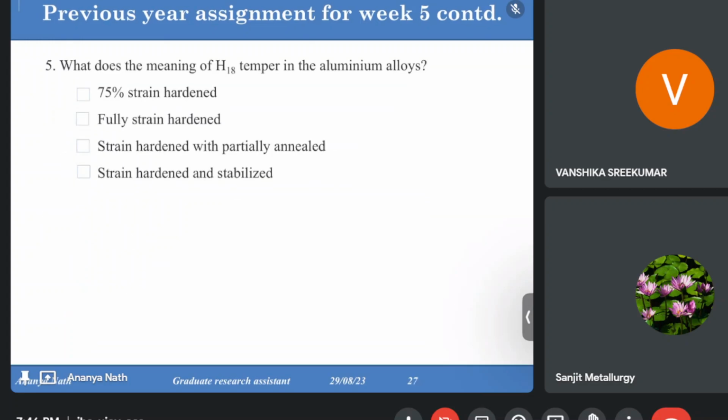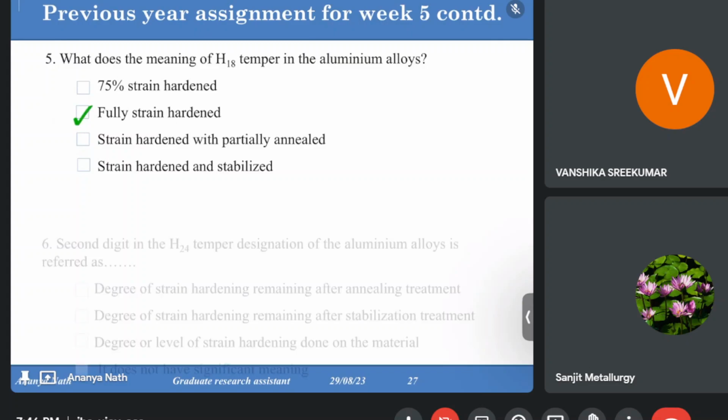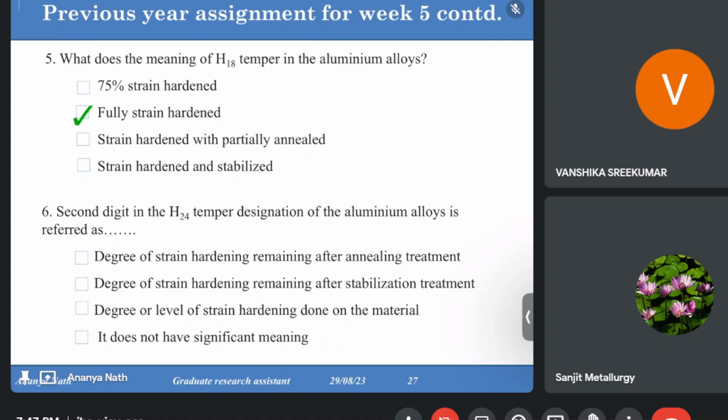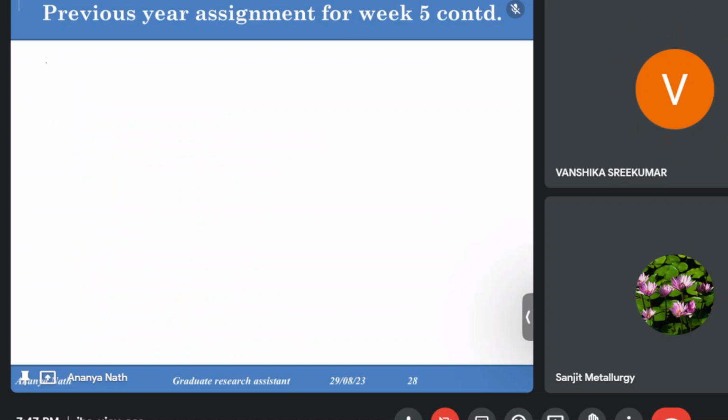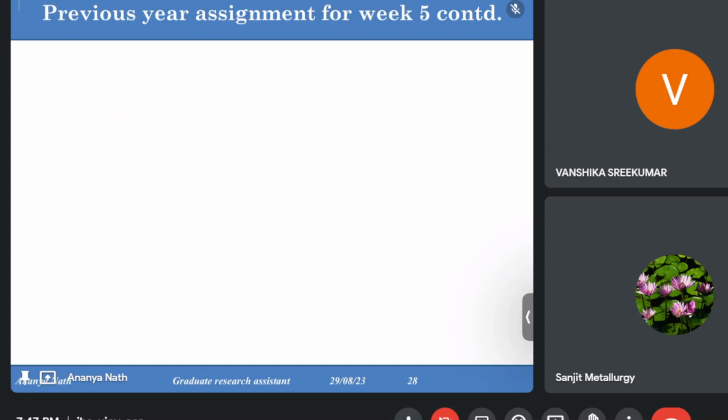Next is, what is the meaning of H18 temper in the aluminum alloy? It's pretty easy. It is fully strain hardened. Yes. So next is, the second digit in the H24 temper designation of the aluminum alloy is referred to as the degree of strain hardening remaining after annealing treatment.